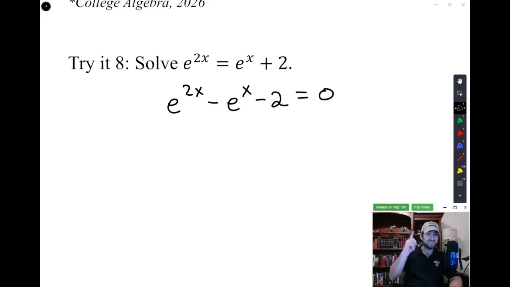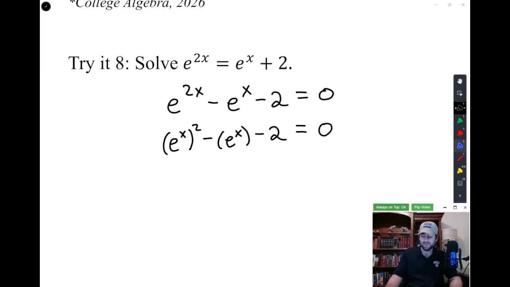And actually, using exponential properties, I can rewrite e to the 2x as (e to the x) to the 2, minus, and I'm putting parentheses around this e to the x so you can see something cool happen here, equals 0. I'm going to pick a letter, any letter in the world. I'll pick u. I'm going to say for the rest of this problem, u equals e to the x.